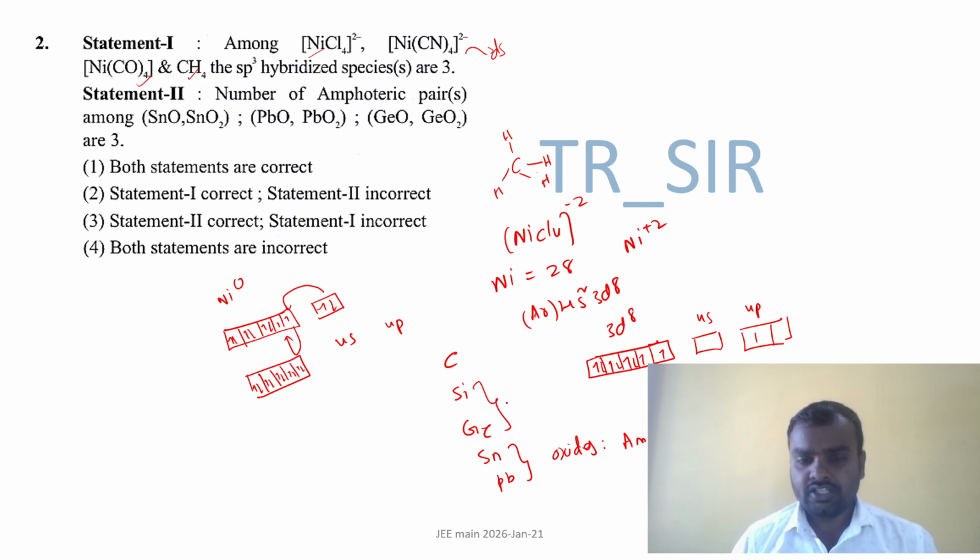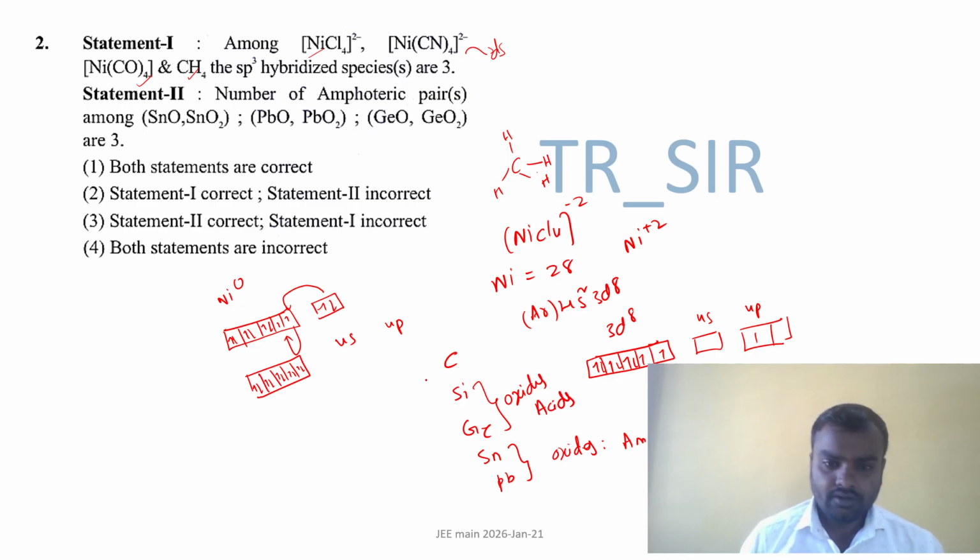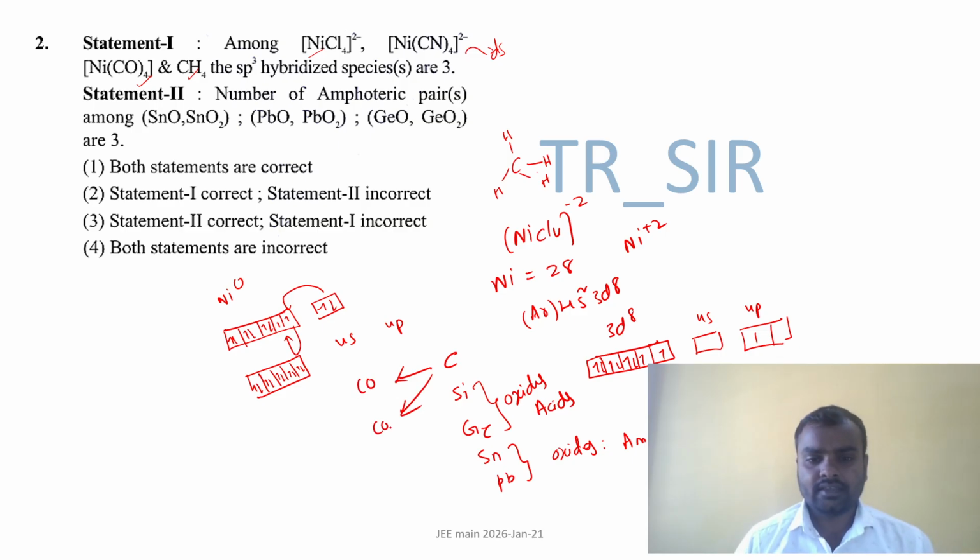Whereas these two are acidic oxides, always. In this case you have the monoxide and dioxide: these are acidic oxides, and this will be a neutral oxide.